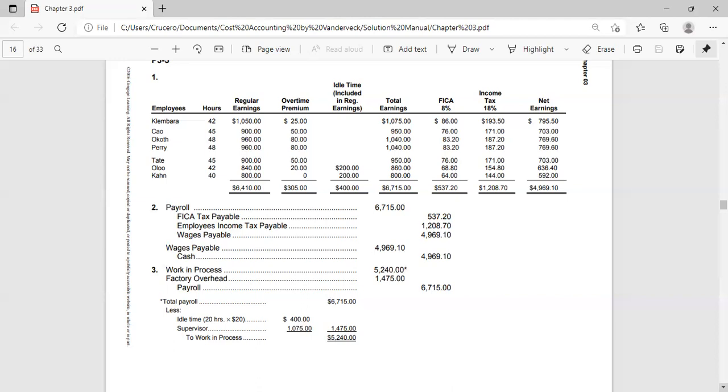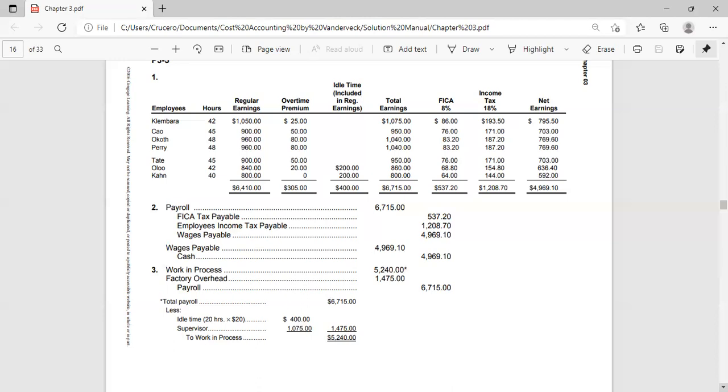So 20 is the regular rate, and we multiply that by the overtime rate of 50%. That gives us 10, and 10 is multiplied by the overtime hours. So for Cow, the overtime hours is 5 times 10 is 50. For Okoth, 8 overtime hours times 10 is 80.